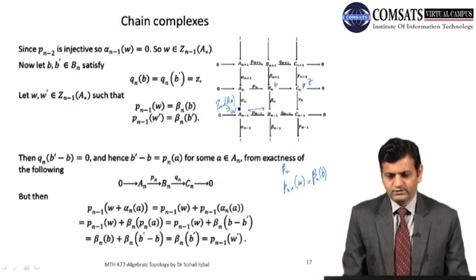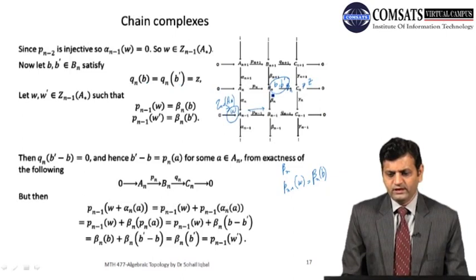So this w is our required w, but now we just want to make sure that this is a well-defined w. So for example, if there exist two elements b and b' such that q_n(b) is equal to q_n(b'), because we defined this w using this b, and we just took any b from B_n.